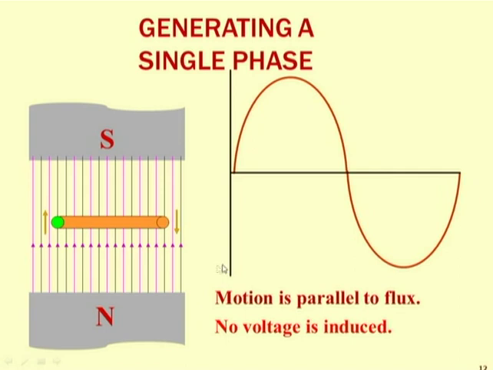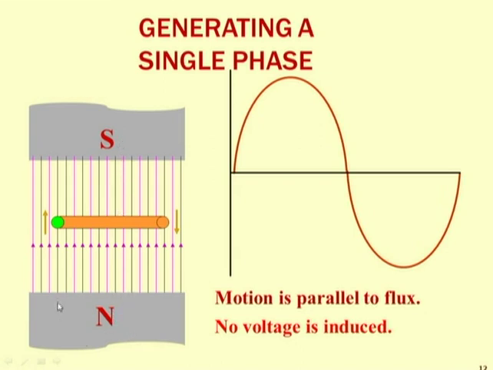I would like to repeat several things for your reminder: in this case we considered the magnetic field that is constant or stationary. The magnetic field is not changing, it is a constant magnetic field. The constant magnetic field is obtained using the north and south pole.